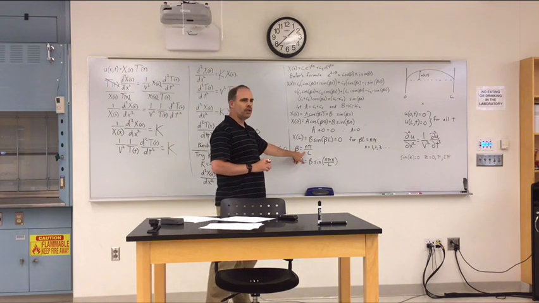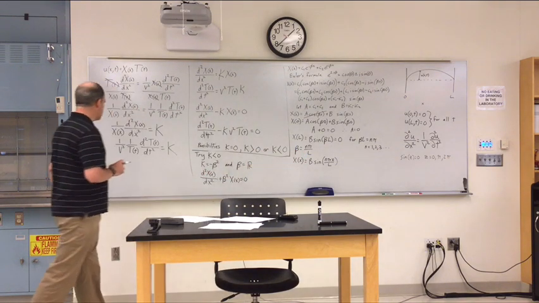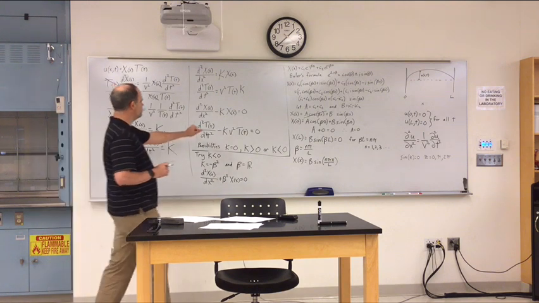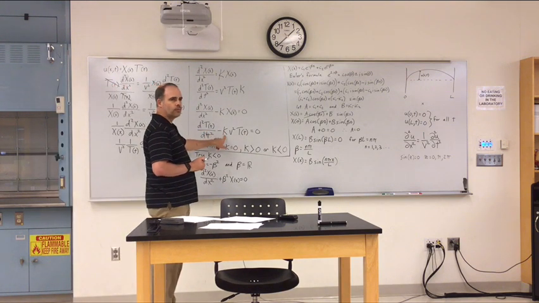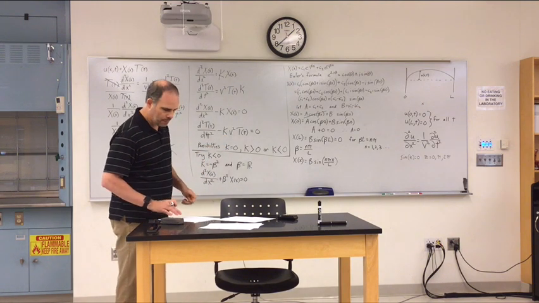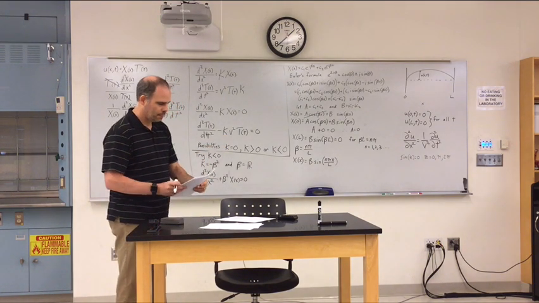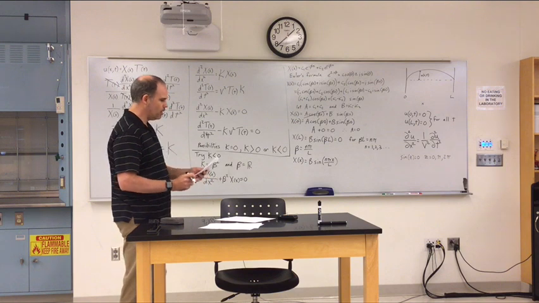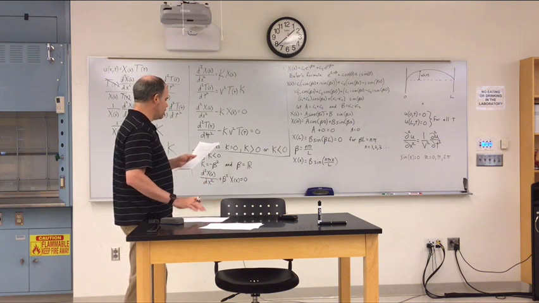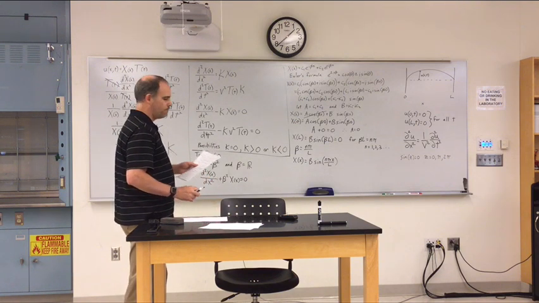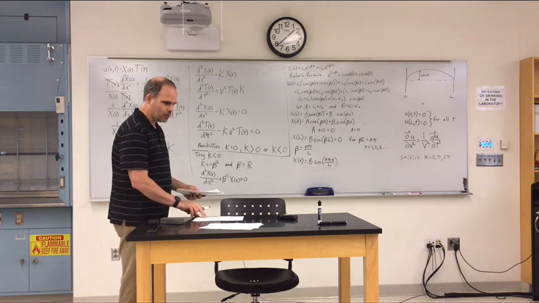We figured out what beta was, right? So we know what it's equal to. We know this value, okay? And we know that it has to come out to be 0. But I need more board space.